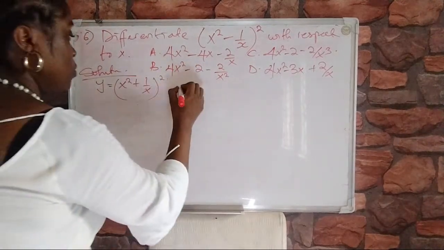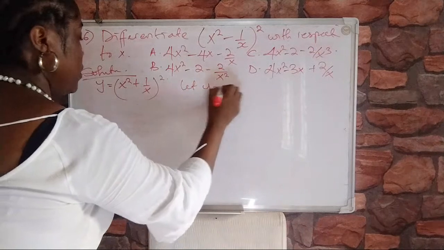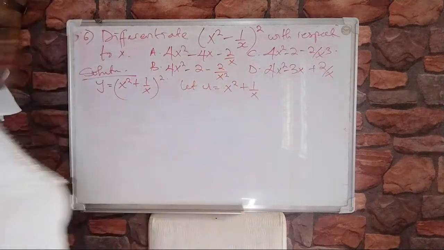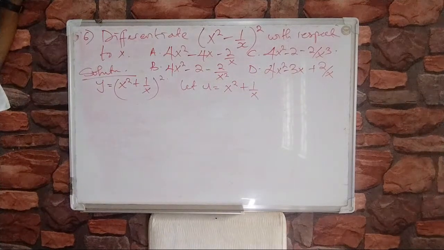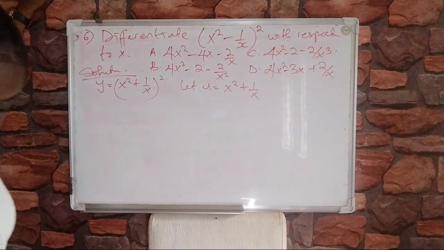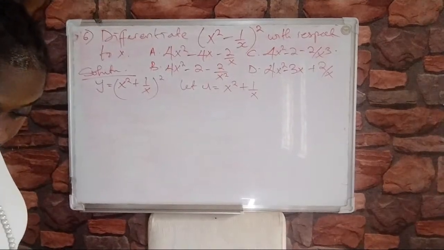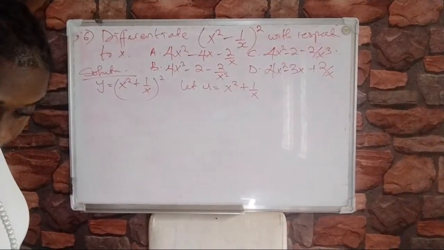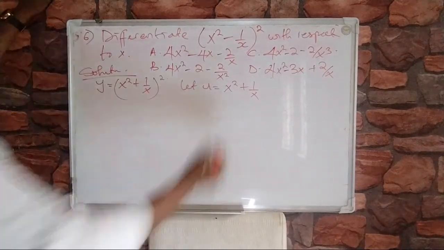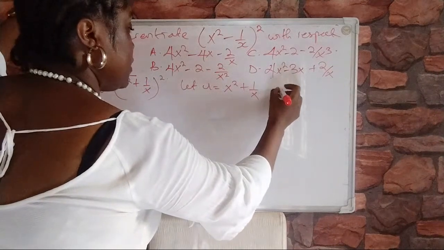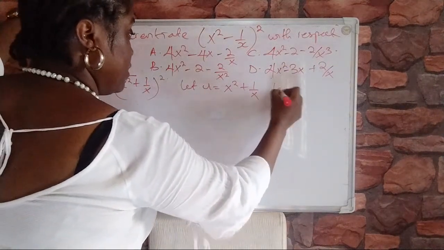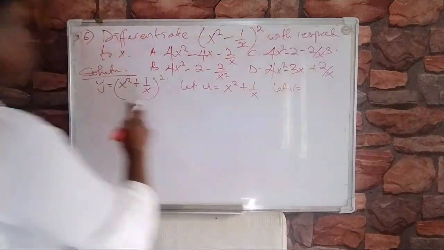So let u be equal to x squared plus 1 over x. Then we'll also say let v be equal to what?